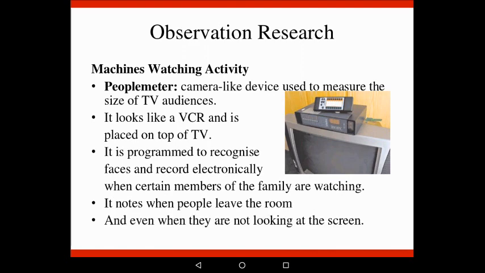It also notes when people leave the room and even when they are not looking at the screen. So it can measure all of this: which family members, is it the dad, is it the mum, in terms of height, what are they watching, for how long are they watching, when do they leave, and so on and so forth. So this helps them when it comes to deciding for which times of the day they should develop TV ads, how long the TV ad should be, for whom the TV ad should be, and so forth.